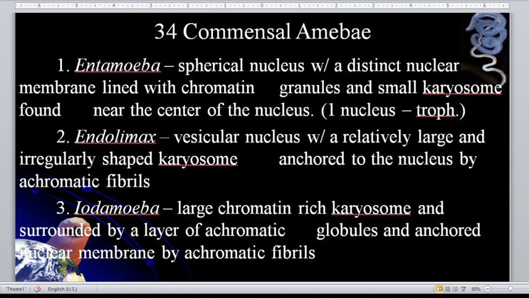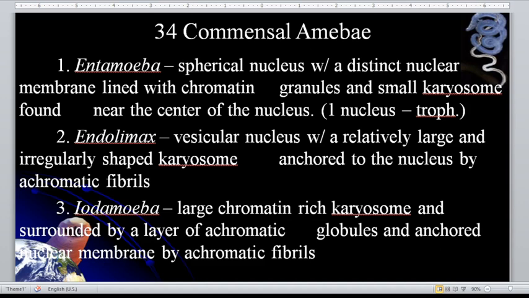Okay, commensal amoeba. So, why do we need to discuss commensal amoeba when in fact they do not cause a disease or infection? They are not medically important, right? But why do we need to discuss them?